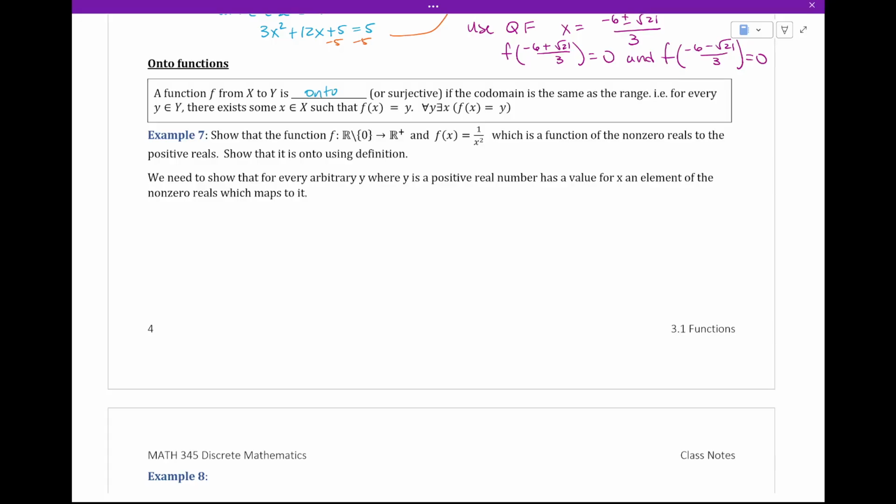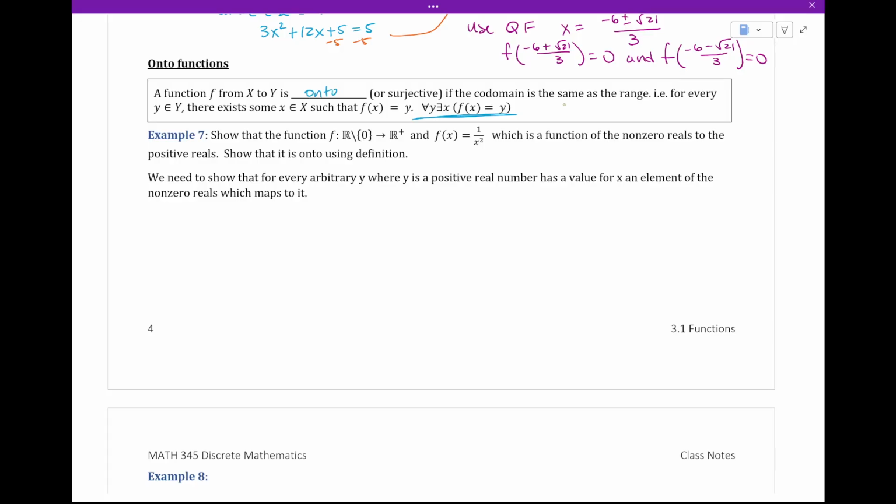A surjective function if the codomain is the same as the range. So that means that for every y in Y, there exists some x such that f of x is equal to y. And here we see our logic notation that we had back in chapter 1. For all y, there exists an x such that f of x is equal to y. So this is basically telling us we're using the entire domain.